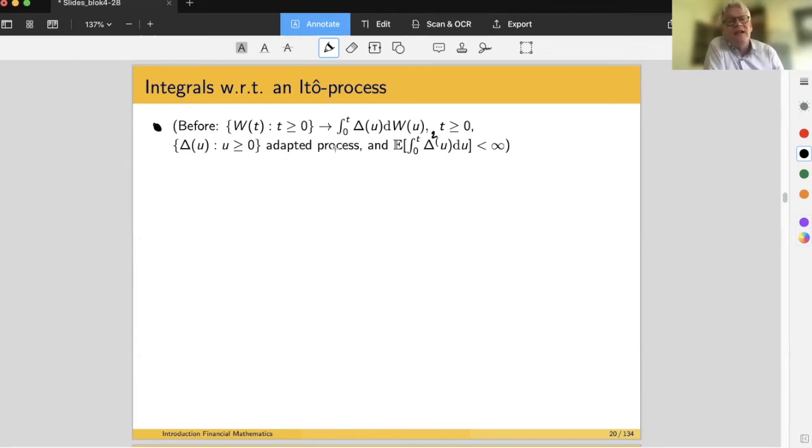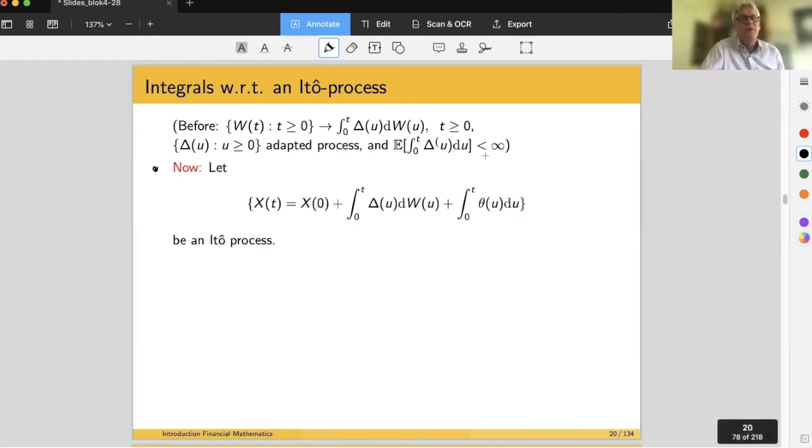And we needed the technical condition, the expectation of the integral from 0 to t of delta square u du had to be finite.